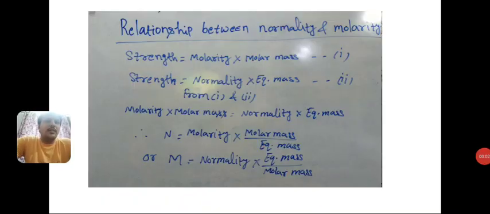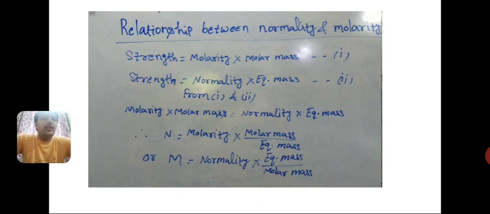Now students, the next topic is the relationship between normality and molarity. If you have this relation, you can directly convert molarity to normality or normality to molarity. Now see students, strength equals molarity into molar mass, as well as strength equals normality into equivalent mass, right?